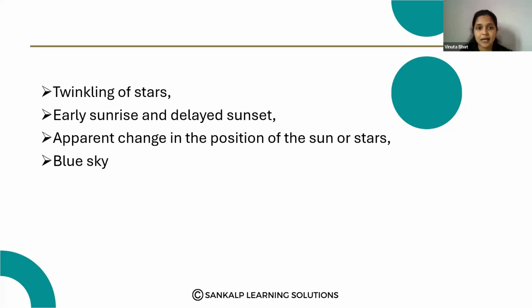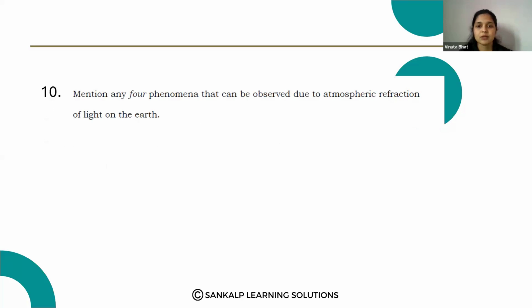Here, twinkling of stars, early sunrise and delayed sunset, apparent change in the position of the sun or stars, blue sky. So these are some phenomena that are observed due to the atmospheric refraction of light. Okay. Once again, note down the question.